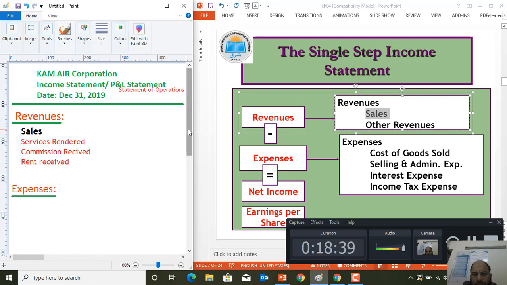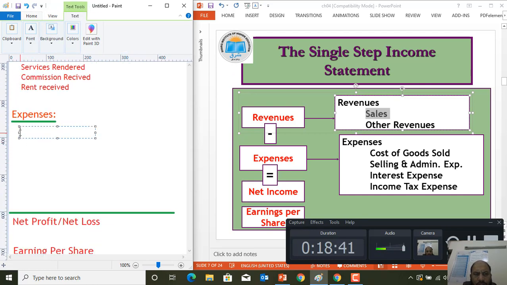Now, dear students, we will go towards the expenses account.